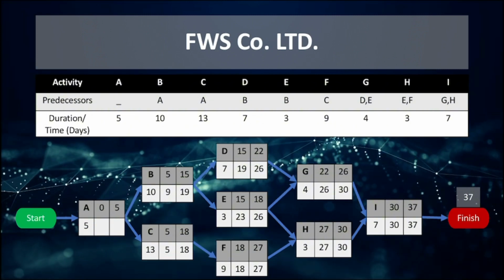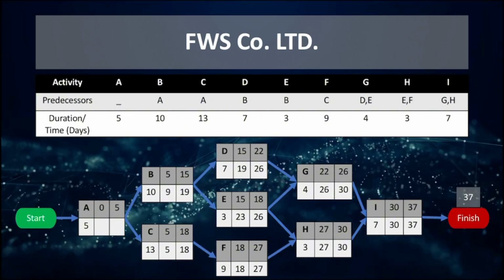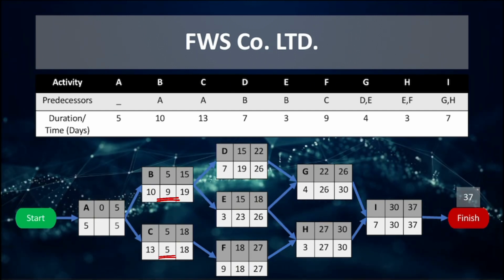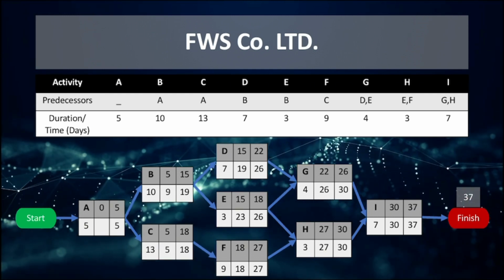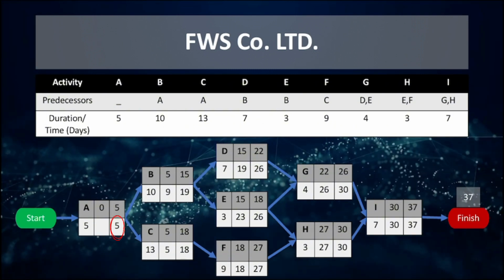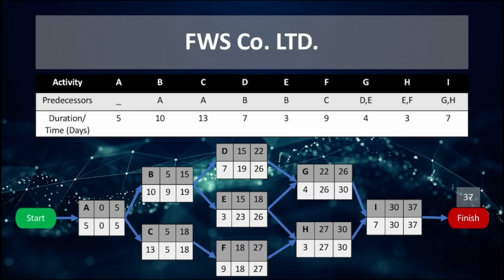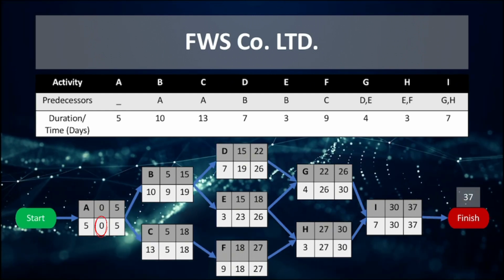A has two successors, B and C. The latest start times of B and C are 9 and 5. Since the minimum latest start time between B and C is 5, the latest finish time would be 5, and the latest start time would be 5 subtracted by the activity time of 5, which is equal to 0.